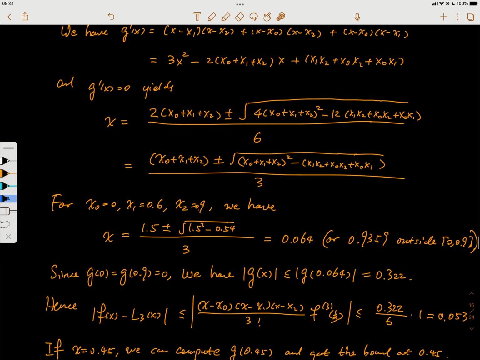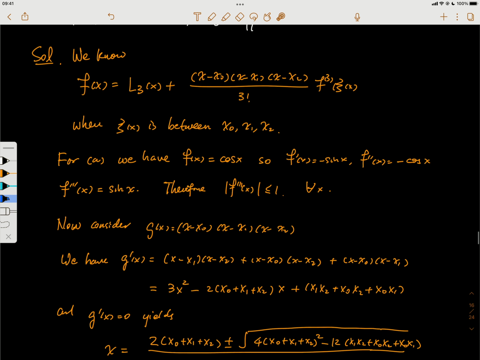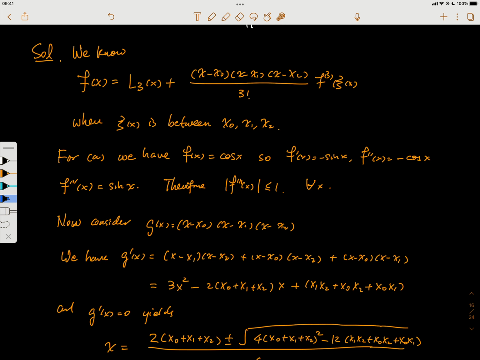You can do the same thing for the other function, f of x equals the square root of 1 plus x. Notice that you now have a different estimate for this term because the f triple prime for square root of 1 plus x is different, but the procedure is exactly the same.